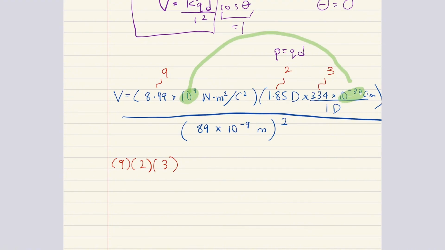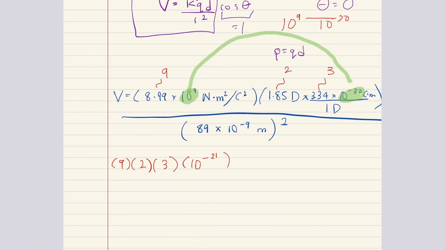We have 10 to the 9 and we have 10 to the minus 30. It's just an addition of these exponents. So 10 to the 9 plus negative 30 gives us 10 to the negative 21. So this is our numerator.